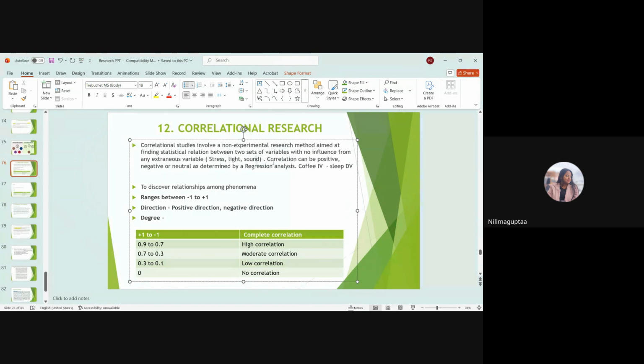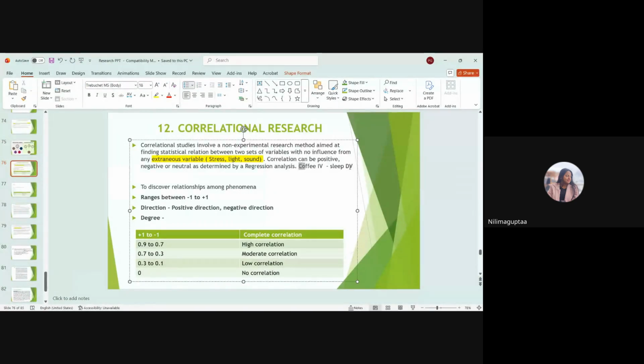Okay, so in a correlational study, there are two sets of variables with no influence from extraneous variables. So such variables are not there in a correlational study. In our experimental research, we will have this extra variable. Extra variable also has certain categories. So correlational can be positive, negative, or neutral as determined by a regression analysis.